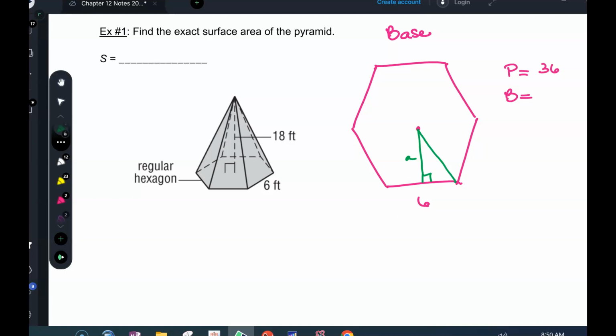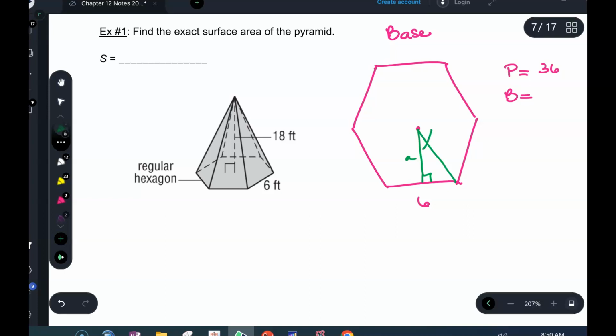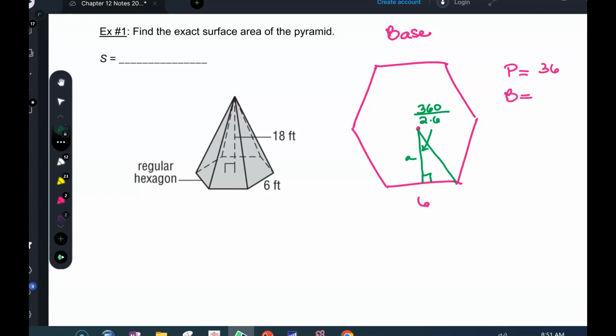It's a 30-60-90 triangle. Why? It always is. We can find that by doing 360 divided by 2 times 6, where 6 is the number of sides. So 360 divided by 12 is 30.